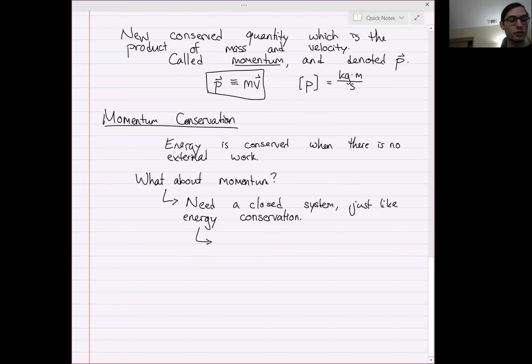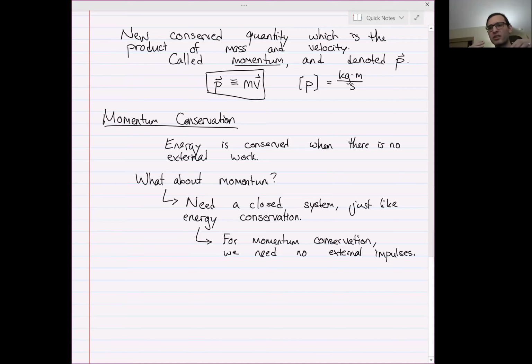But in particular, for momentum conservation, we need a little bit more than that. Or rather, we can be more specific than just a closed system. We need no external impulses.